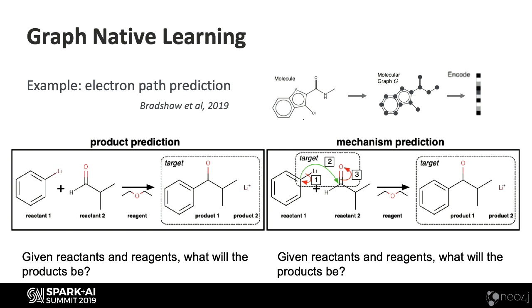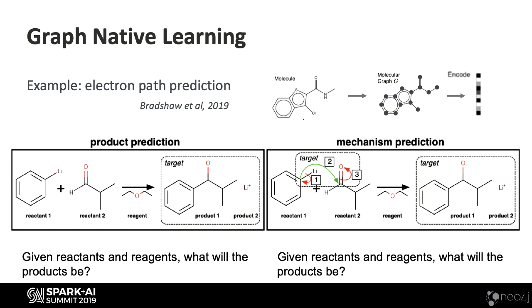So each one of these is a graph, they interact and they make a new graph. So it fits into that paradigm of graph in, graph out. And what's really cool here is you can predict both given 2 input molecules, what are they going to make? But also, because this is graph native learning, you're updating your edges and your nodes as you make your prediction. You're able to predict how it's made, so the mechanism of synthesis.